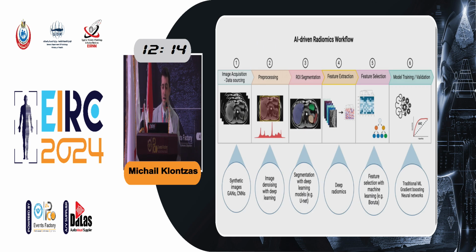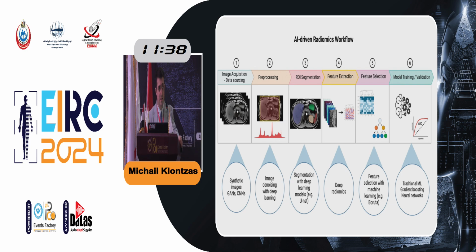To understand how AI can augment this radiomics workflow, you can see that the workflow starts by getting the images, first of all, pre-processing the images, preparing them for analysis, extracting the regions of interest for the extraction of radiomics features, the extraction of features itself, which is basically handcrafted or deep radiomics, as we discussed, selecting the ones that are suitable for model development, and finally developing a machine learning model.